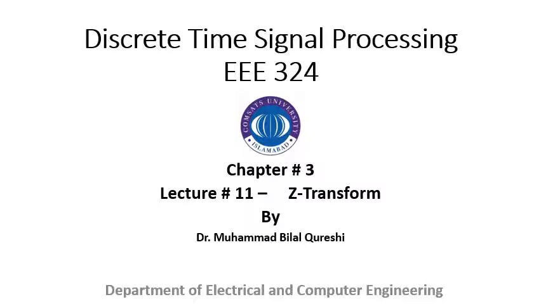Today we will look into the left-sided sequence. We will find its region of convergence, its poles and zeros, and then we will move on to the sum of two exponential sequences, and finally we will talk about the properties of the region of convergence and stability and causality using the Z-transform. So let's get started.